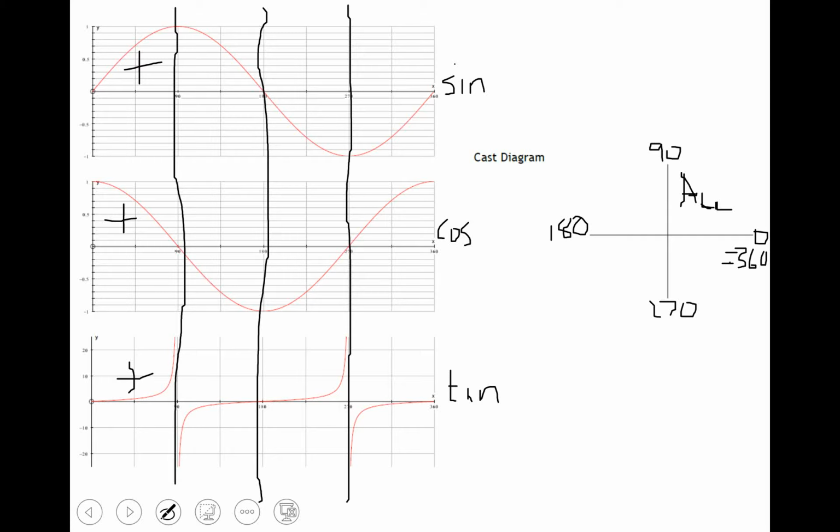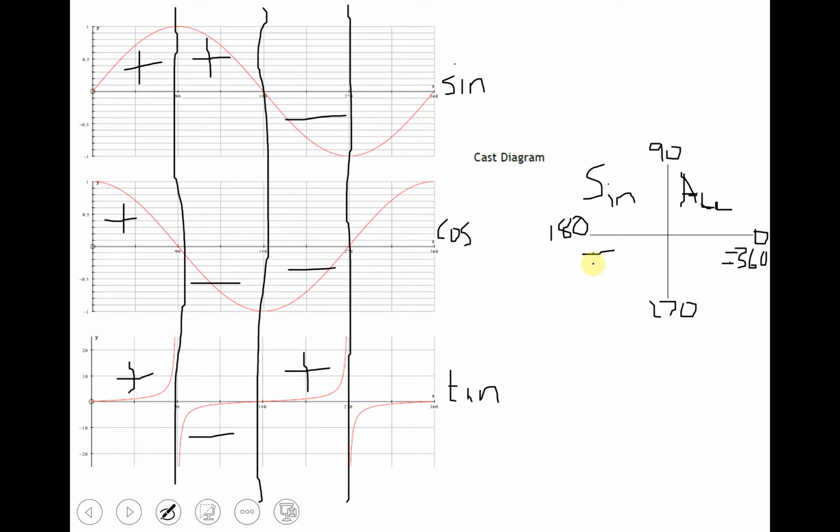In the second quadrant, 90 to 180 degrees, sine is positive because it's still above the x-axis, but cos and tan are negative because they are below. So we denote the 90 to 180 quadrant with S, standing for sine, as sine is the only function that's positive in that quadrant. In the 180 to 270 quadrant, sine is negative, cos is negative, and tan is positive.